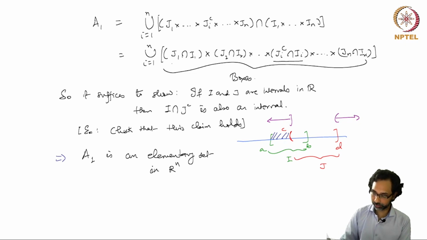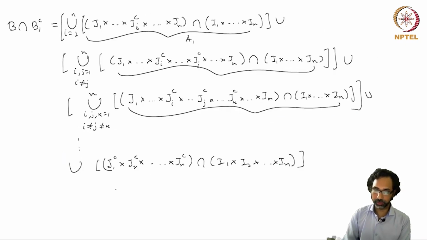Now we can go back to the other groups A2, A3 and so on, AN, and for each of these, because you have the intersection coordinate wise, each one will be an interval and each of these constituent sets will be a box, and therefore you will have a finite union of boxes.